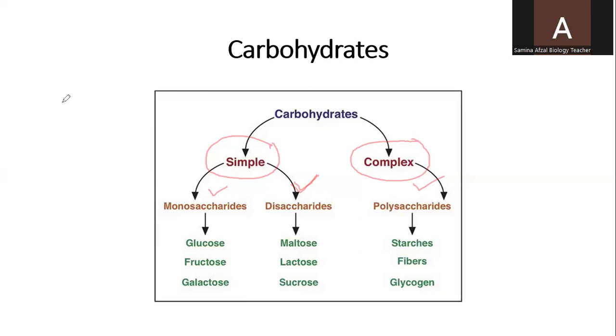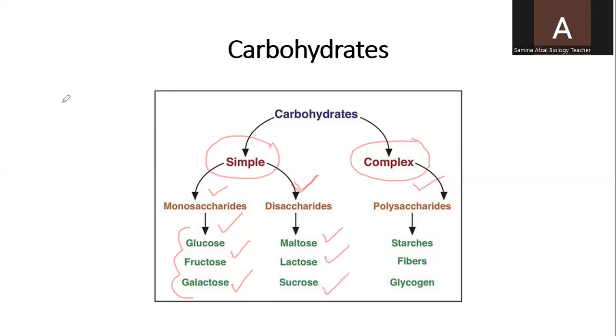Here I would like to give you some examples of these three types of carbohydrates. Monosaccharides: glucose, fructose, galactose. They all consist of only one unit. Disaccharides: maltose, lactose, sucrose. They consist of two monomers joined together.